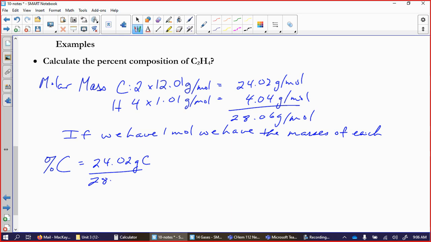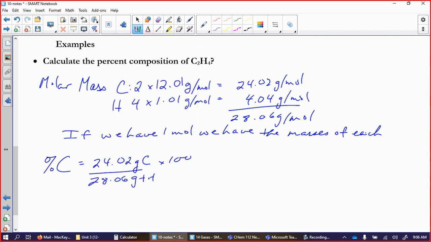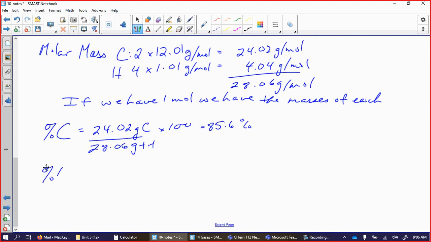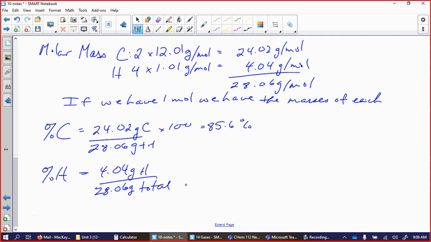We have 28 total. So we're just finding the molar mass and doing the pieces. 85.6% carbon, and 4 grams of hydrogen over 28, and this should be 14.4. 14.4.